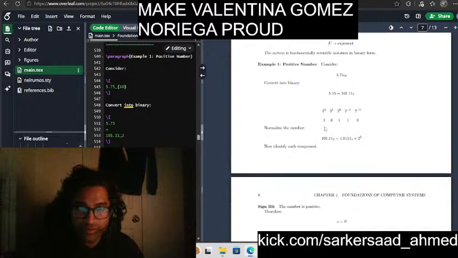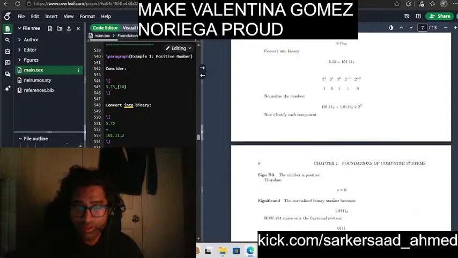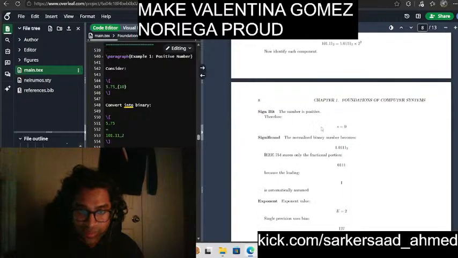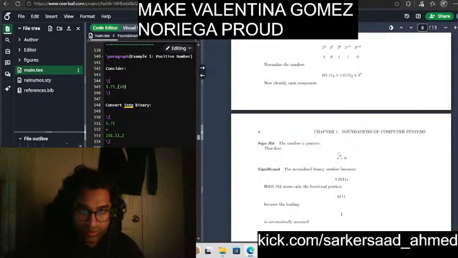Because the number is positive, 5.75 is a positive value. If I had -5.75, we would do the same thing, but S would be 1. So the normalized binary would be 1.0111 times 2 squared.